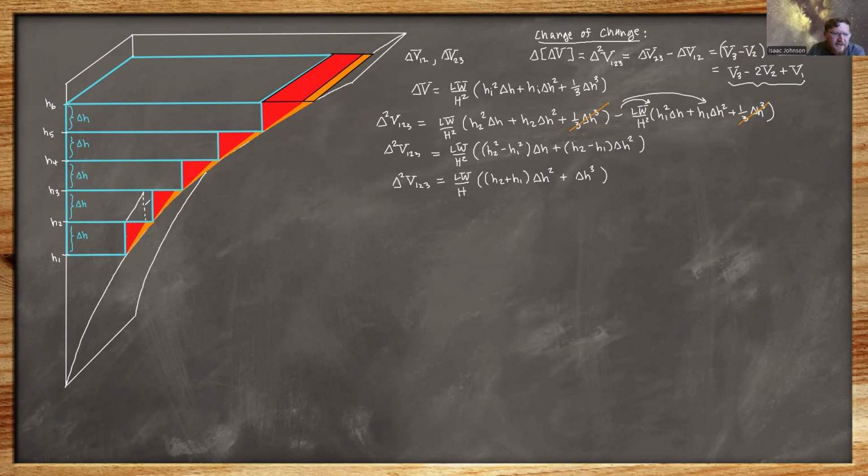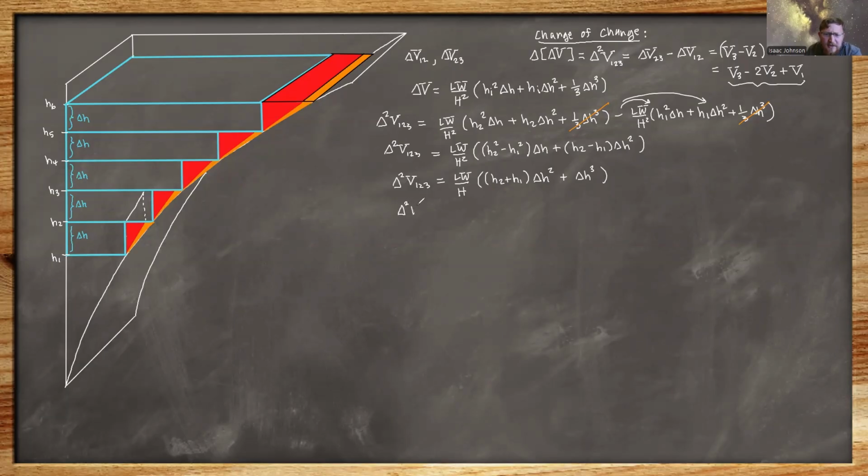So looking at this region right here is your order delta H cubed. These triangles that remain are your delta H squared. And we're going to slough our delta H cubed term when we squeeze H closer and closer. So we're squeezing H1, H2, and H3 closer and closer together.